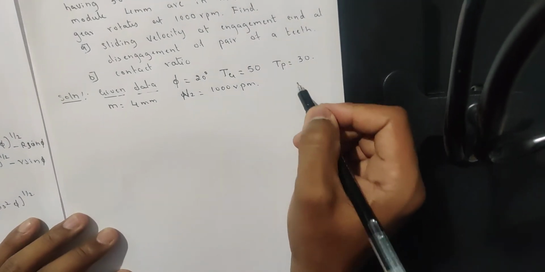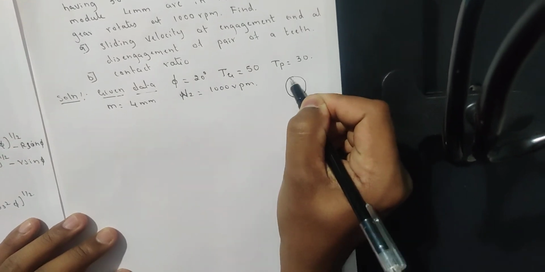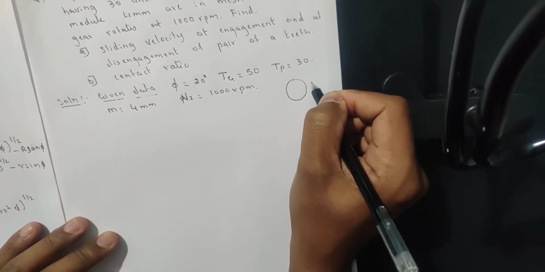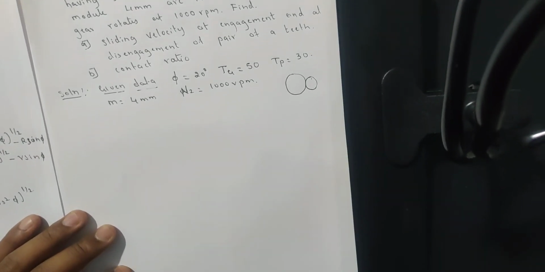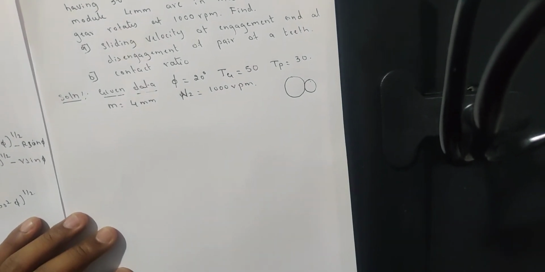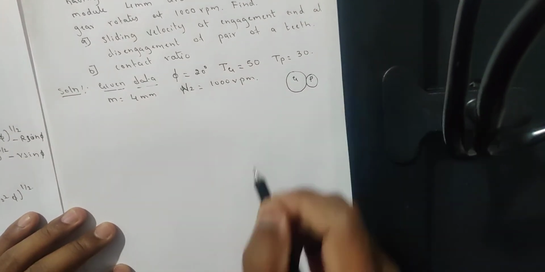So if you draw a small gear here, this is a gear and this is coming in engagement with a smaller gear. Okay, so what they have told is, this is the gear and this is the pinion.